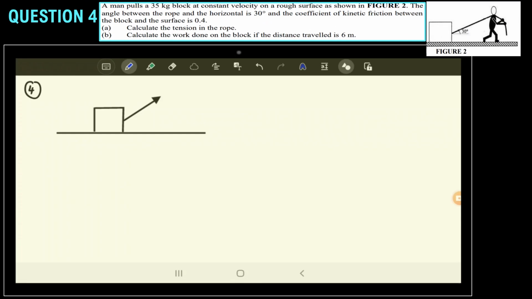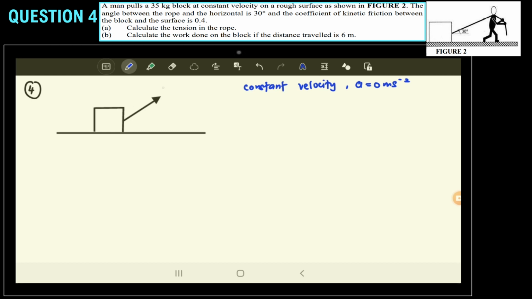Question number 4, we have a man pulls a 35 kg block at constant velocity. So I will write constant velocity, so a is equal to 0. The man pulls the block with a rope at an angle of 30 degrees to the horizontal.